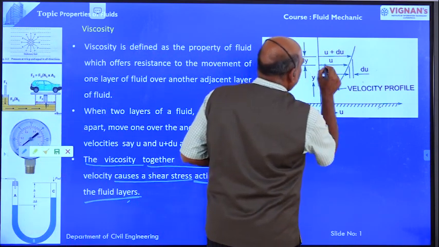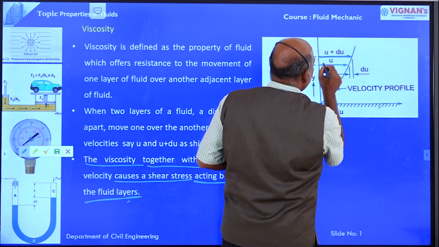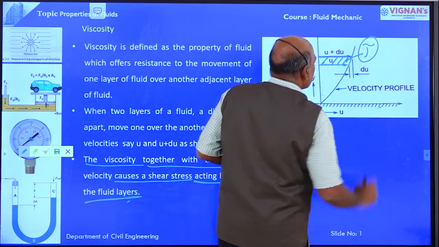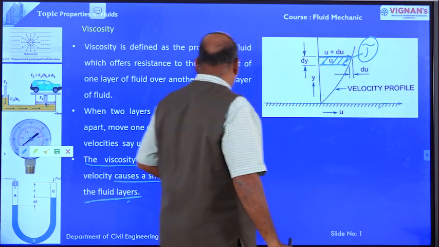This is one fluid layer, this is the other fluid layer. Between these two fluid layers, viscosity produces shear stress, denoted by tau.